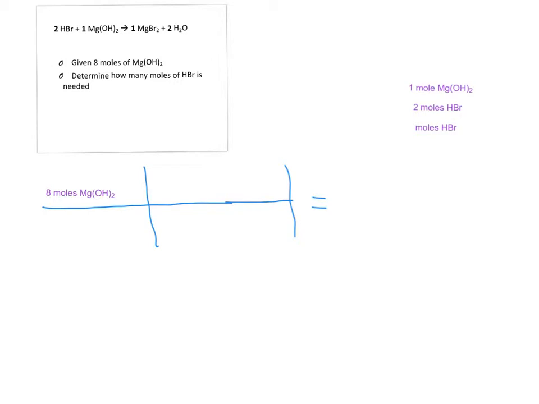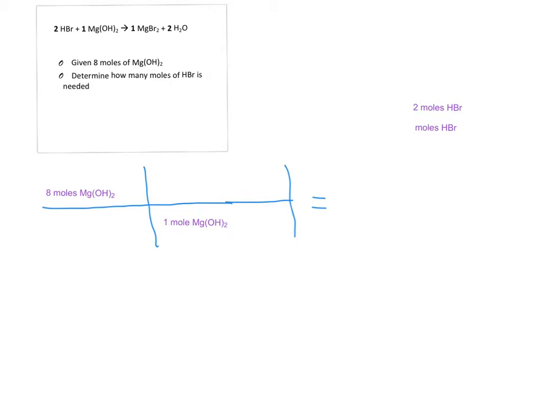We are given moles of Mg(OH)2 and we are looking for the HBr. So we're going to put 1 mole of Mg(OH)2 in the blank that's across from the 8 moles of Mg(OH)2. We do this because we want to be able to cancel out the Mg(OH)2.